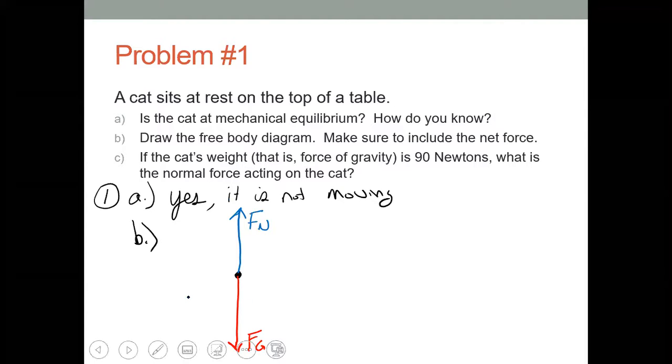So they should cancel out. So see what it said in B. It says draw a free body diagram. Make sure to include the net force. So in this case, if it's in mechanical equilibrium, the net force is 0. So I'm going to go ahead and write that. F net equals 0 newtons. So that's how to draw a free body diagram.